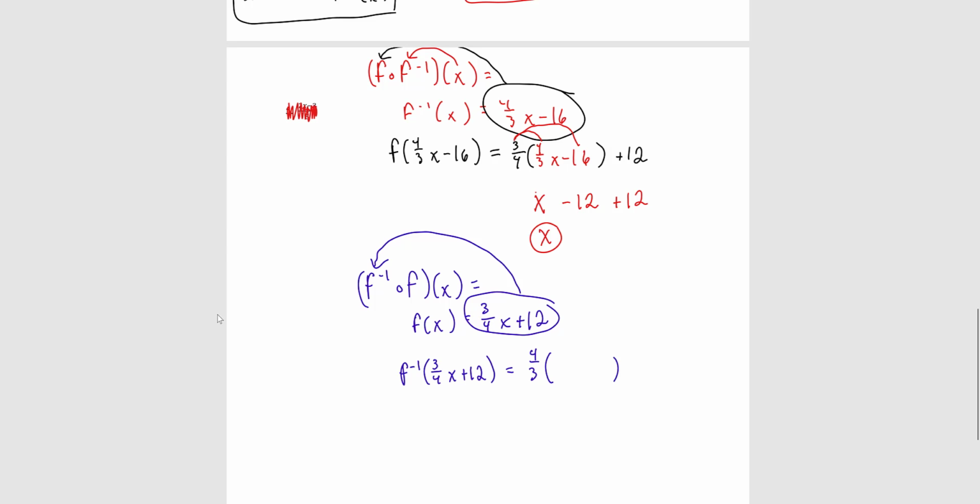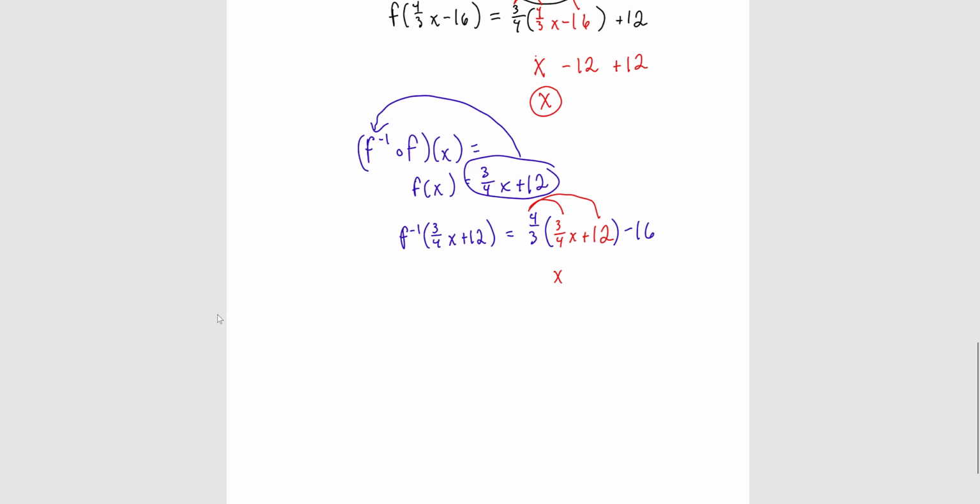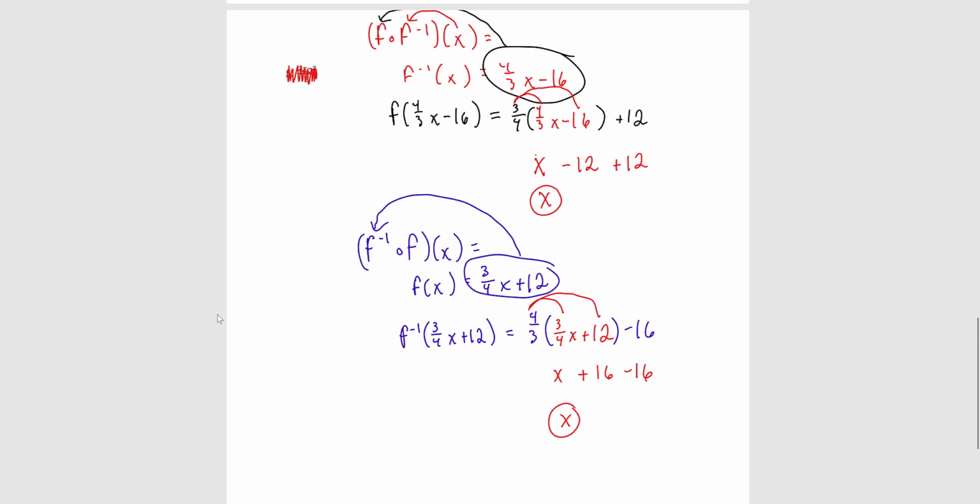So instead of 4/3 x minus 16, like a lot of these steps, you'll get to the point where you can just skip them and just go straight to plugging one function in for the other. Then we can check it. 4/3 times 3/4 is 1 still. 4/3 times 12 is positive 16. And we end up with x. And again, that is just to check to see if those were inverses.